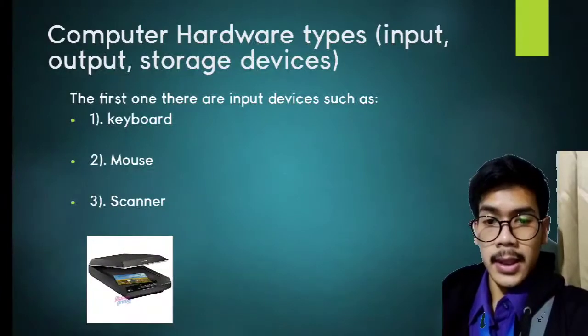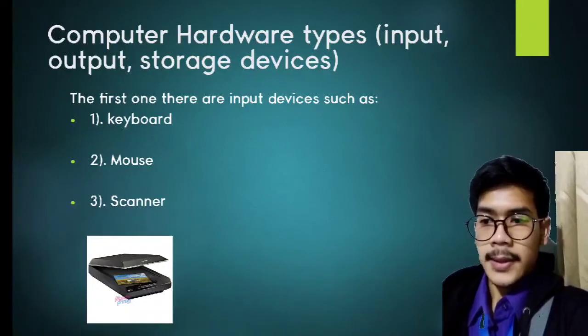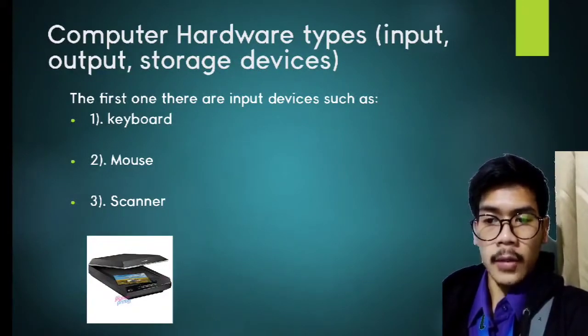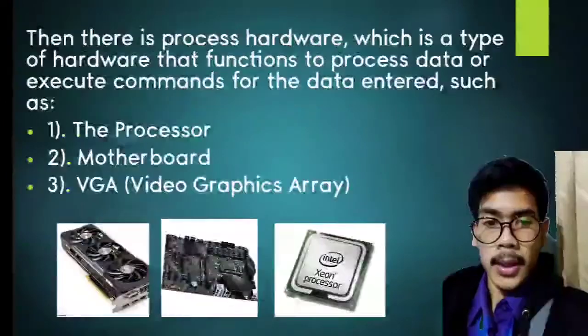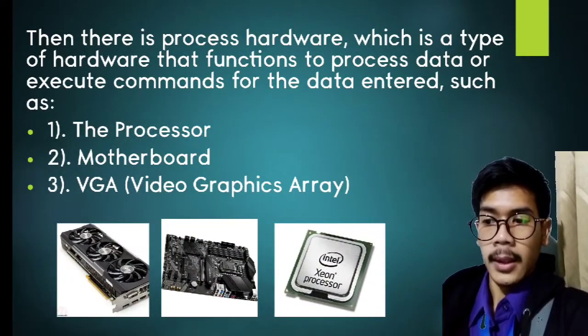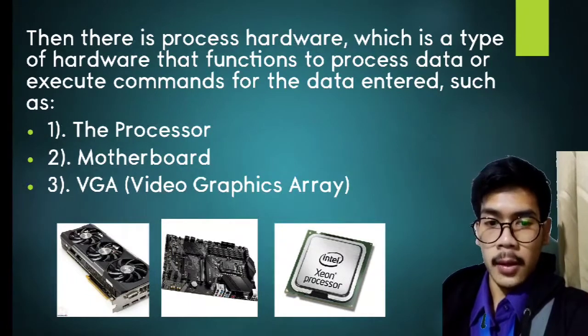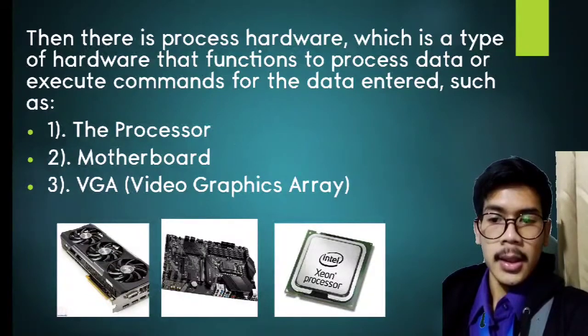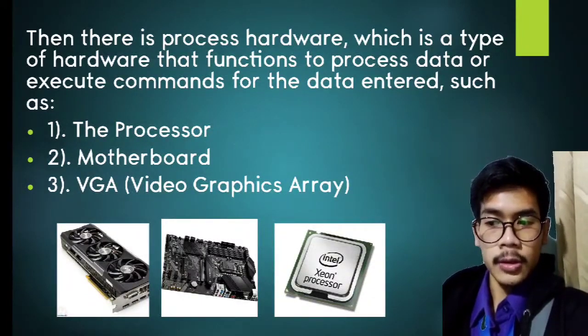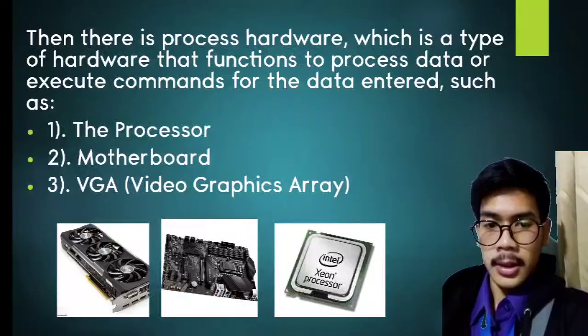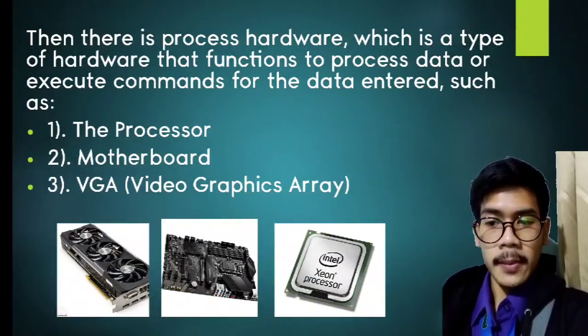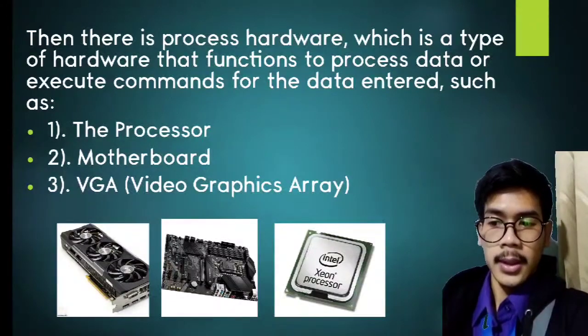Then there is the process hardware, which is a type of hardware that functions to process data or execute commands from the data entered, such as number 1, processor. Processor is the main process hardware, which is an electronic circuit component that can perform computational execution of logic, arithmetic, control system, and specific input or output based on the user's ordered instruction.